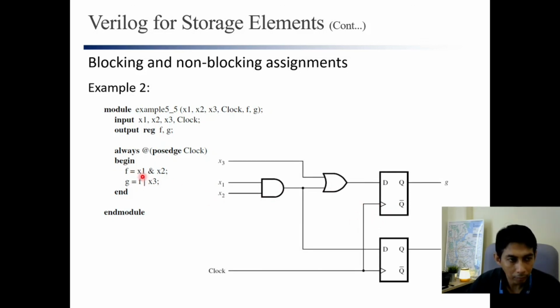Because f is equal to x1 and x2, so this should be f. And we have g is equal to f and x3, so g is equal to f here, and x3, and we have g.